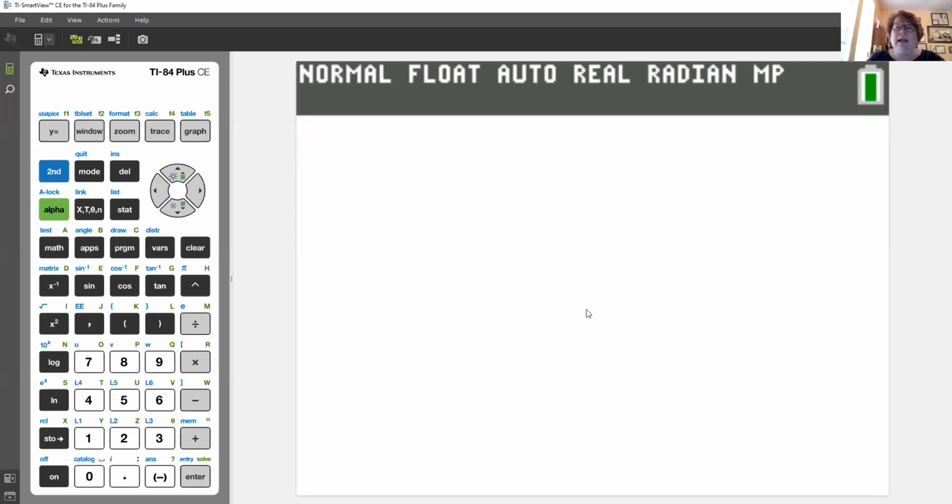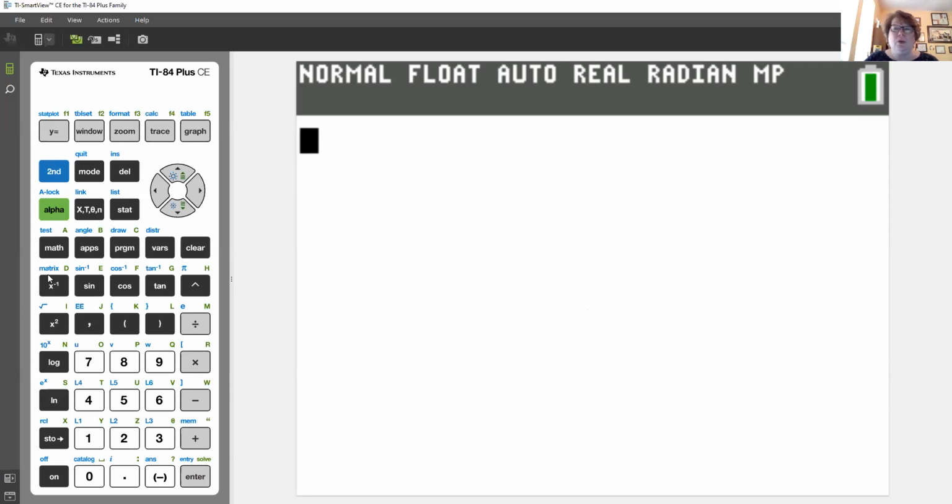Since I'm using a TI-84, I'm going to show you where it is on the TI-84. You need to find it on the TI-83 yourself, and it should be its own button on the TI-83. But on the TI-84, the matrix menu is above the inverse button. So it's right here above the x to the -1.